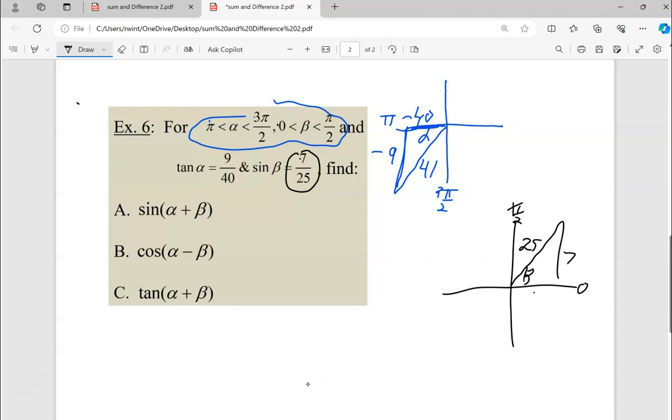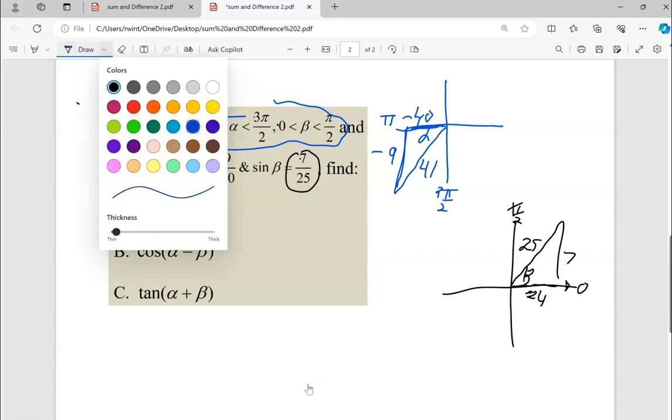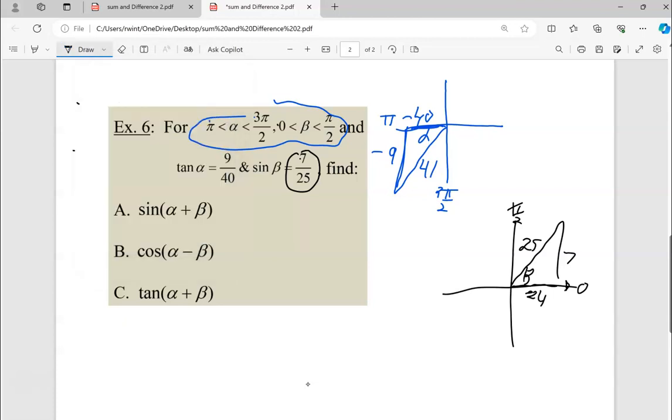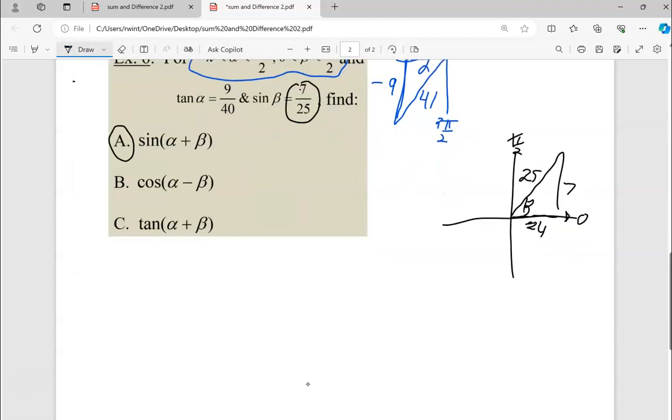This side would work out to 24. And it is positive because it's going to the right. So those are my two triangles. And then I'm going to do kind of like the same thing that I just got done doing. Sine A plus B. So Old Man Winter had a sign. Cosine, cosine, sine.